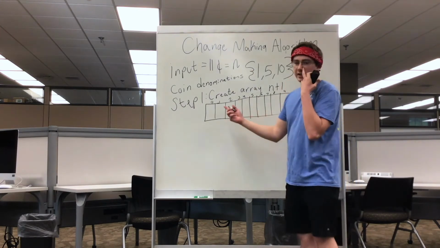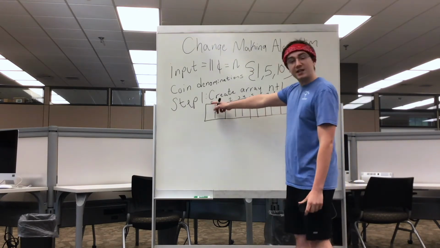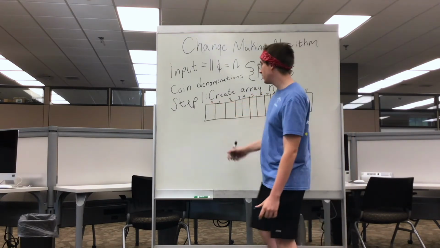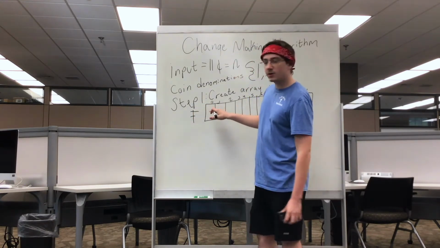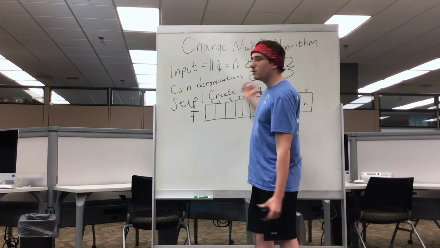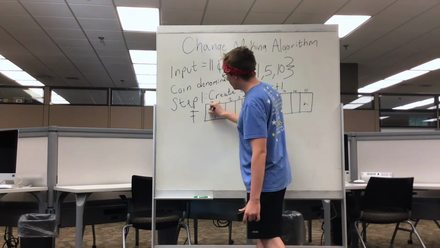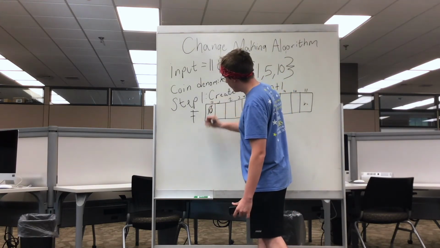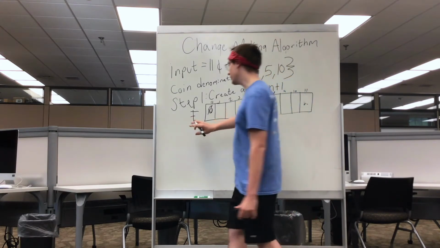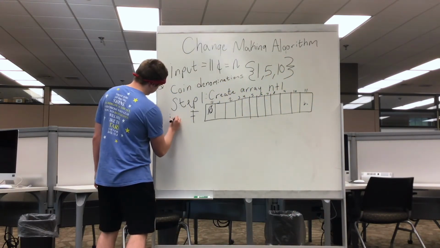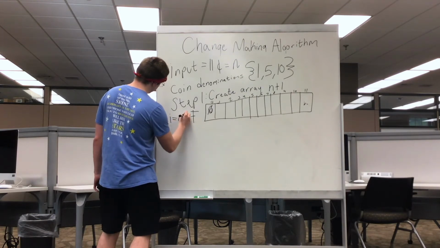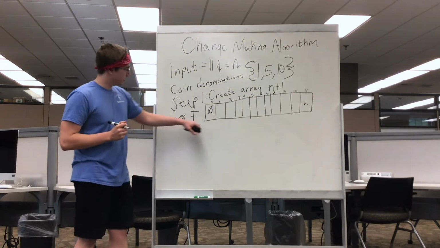But just realize that if we're making 0, we're going to go ahead and call this array f. And if we're making 0, then we don't have any coin denominations that we need, so this will automatically be 0 for our first initial value. And let's go ahead and have this keep track of our index values.